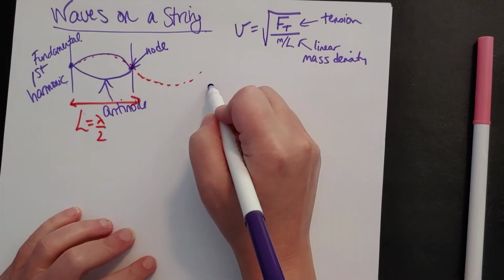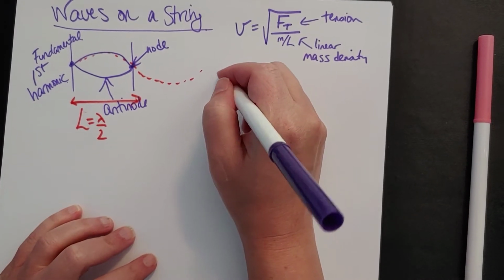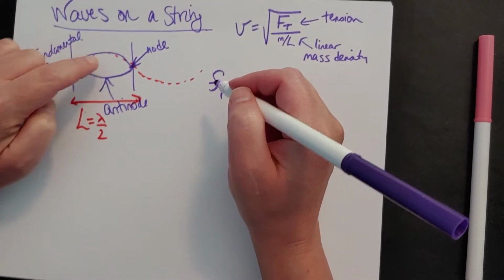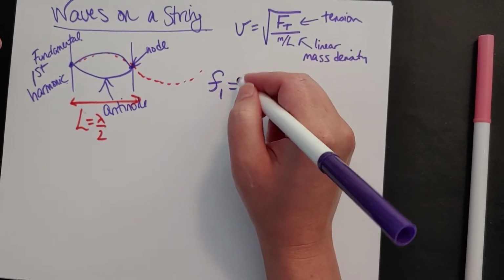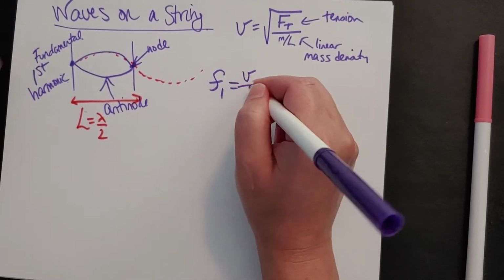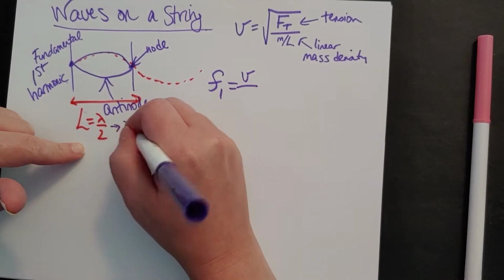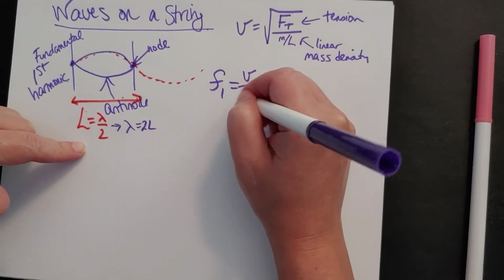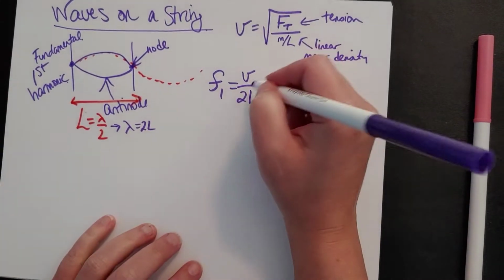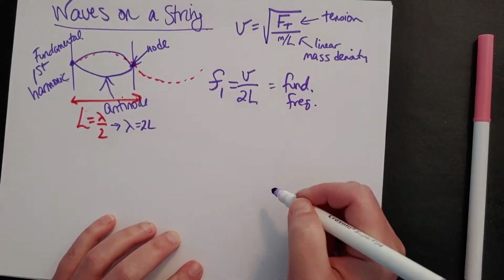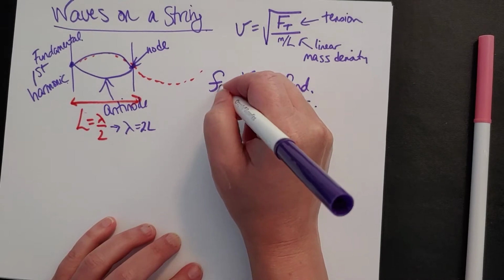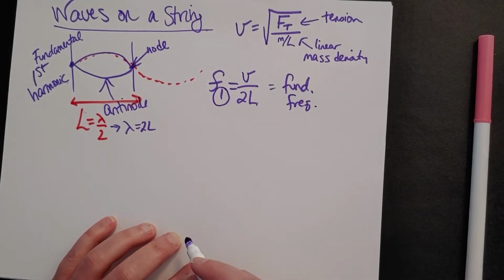And so when we ask what is the frequency of this fundamental, v equals f lambda, so f is v over lambda, and lambda is 2L. Okay, so this is the fundamental frequency, or the first harmonic.